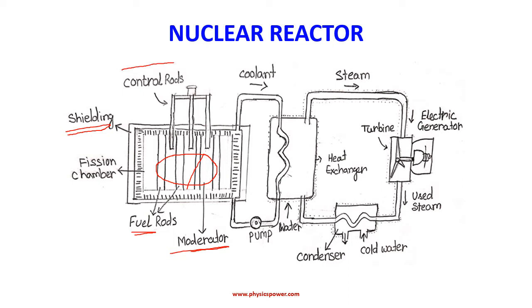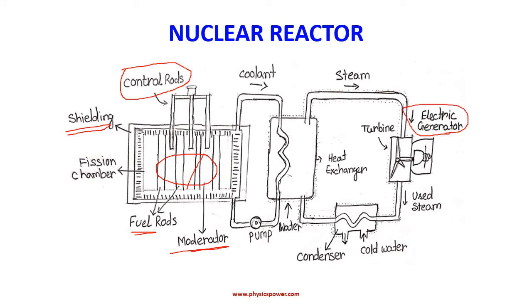Control rods stop the neutrons. Here, slow moving neutrons are used to bombard the uranium or plutonium, any nuclear fuel, to initiate the nuclear fission reaction. But if you arrange control rods, then neutrons will be absorbed, or if you add a moderator, then the neutrons will slow down. And here we are continuously getting huge energy. That energy we can utilize to generate electricity.